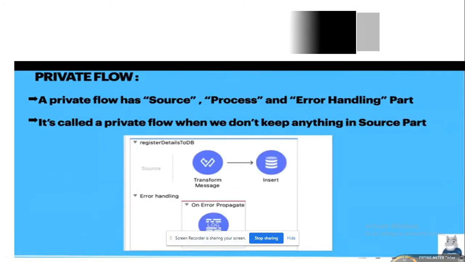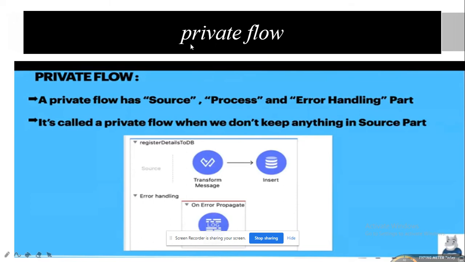Next, going to private flow. A private flow is also similar to a flow. Then we'll know what the difference is. See here, a private flow has a source, process, and error handler part. All will think, what would be the difference? Even a flow has the same parts and a private flow has the same parts. The only difference is that in a private flow we don't have a source.